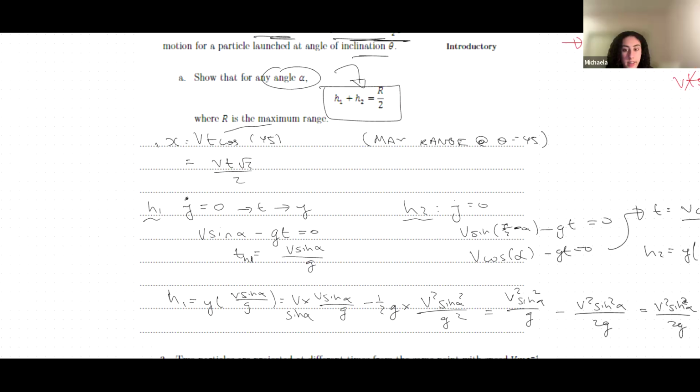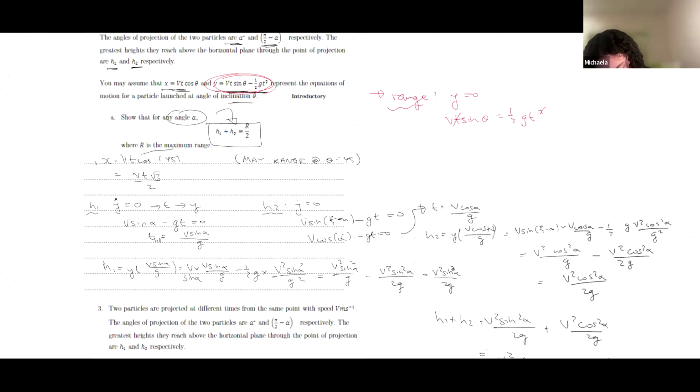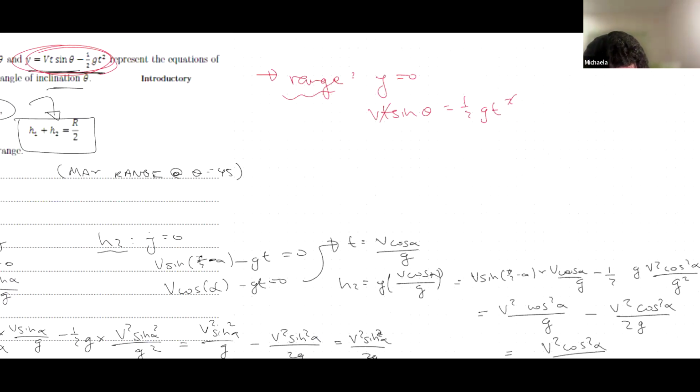So how did you get Vt sine theta equals half gt squared? That's from letting the y equation here be 0, and I just took the minus half gt squared to the other side. So V sine theta equals gt on 2.